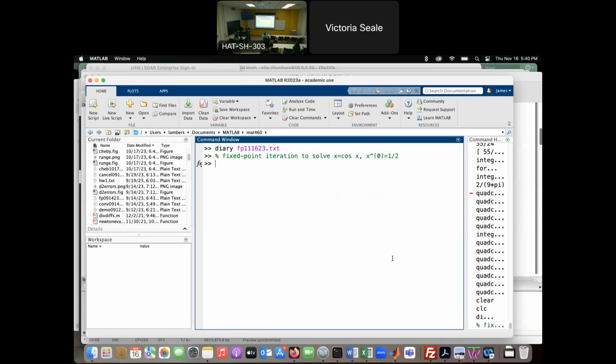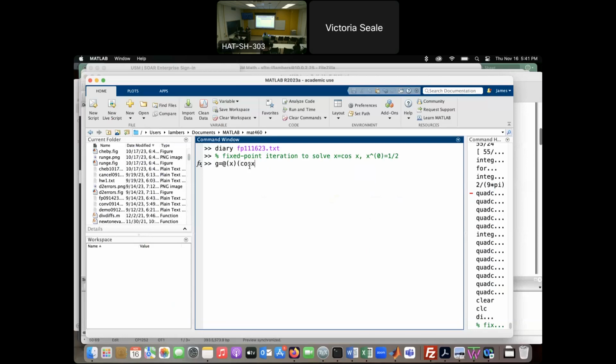For convenience, I'm going to define a function handle. I define a variable g to refer to g of x. So I use the @ sign and then x in parentheses. That indicates that what I'm about to define will be a function of x.